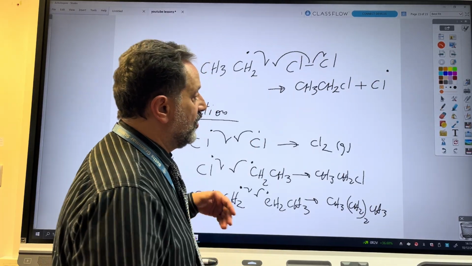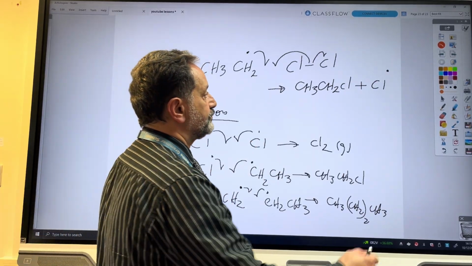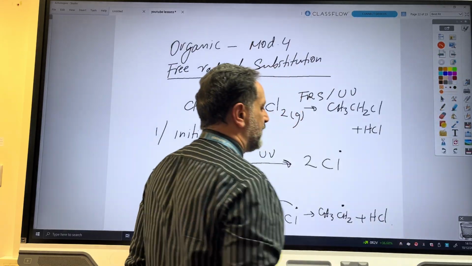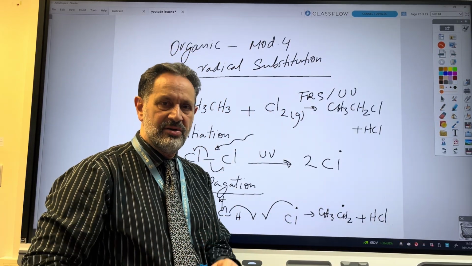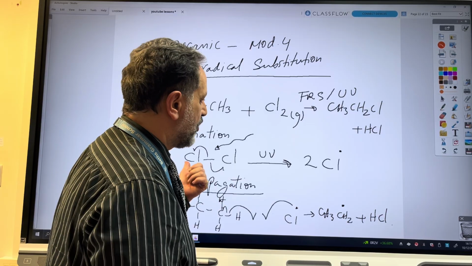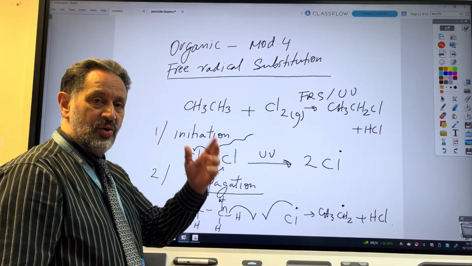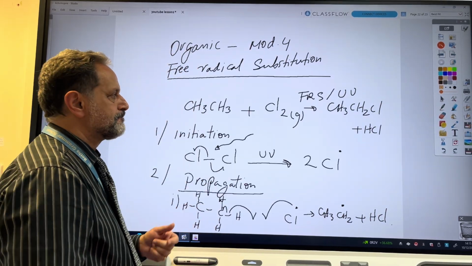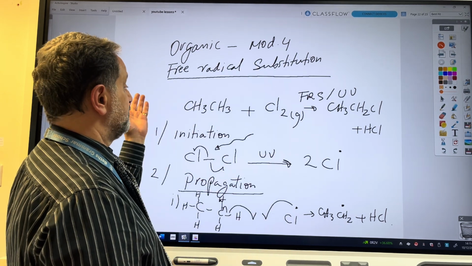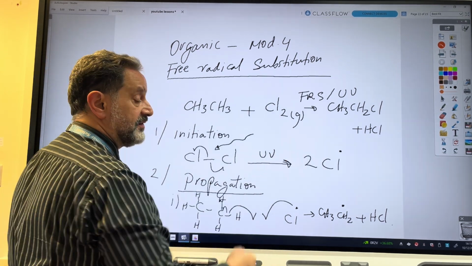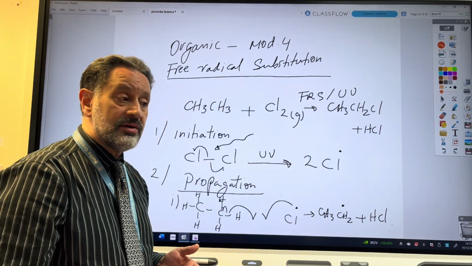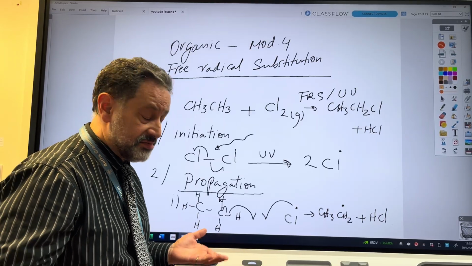I suppose the only step that might challenge you a bit and you need a bit of practice on is the propagation step. All of these steps actually make sense. The names, I mean, initiation, unless you have, in this case, a halogen free radical, how can the reaction start? It doesn't.